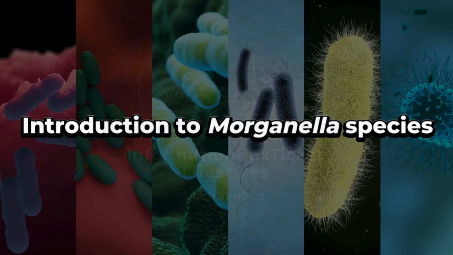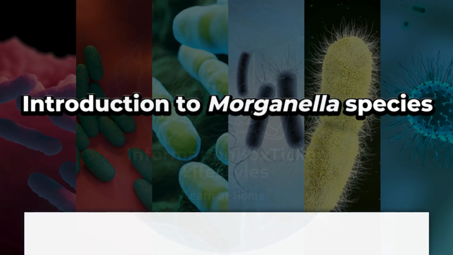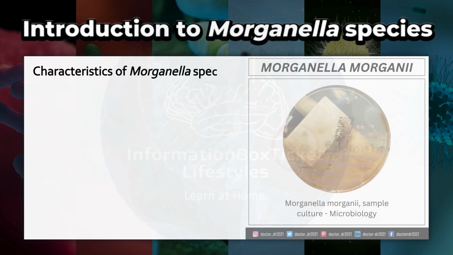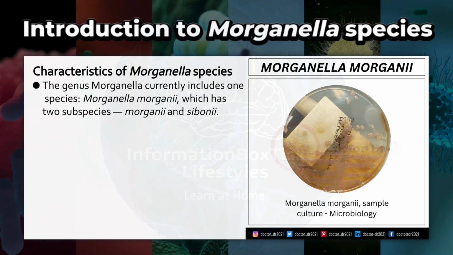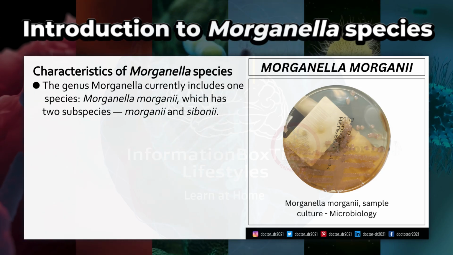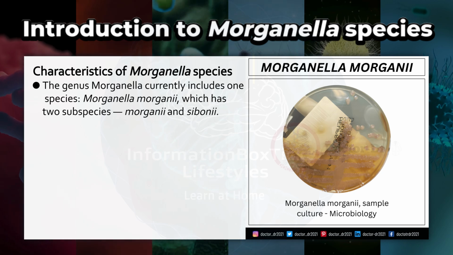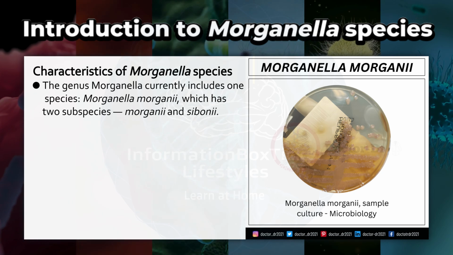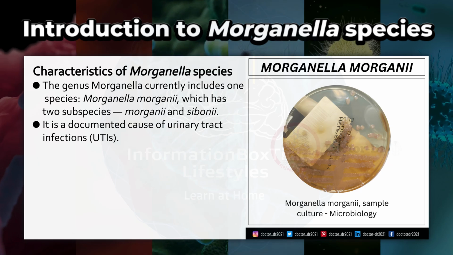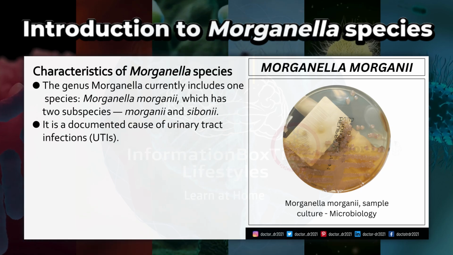Introduction to Morganella species. Characteristics of Morganella species. The genus Morganella currently includes one species, Morganella morganii, which has two subspecies, morganii and sibonii. It is a documented cause of urinary tract infections, UTIs.